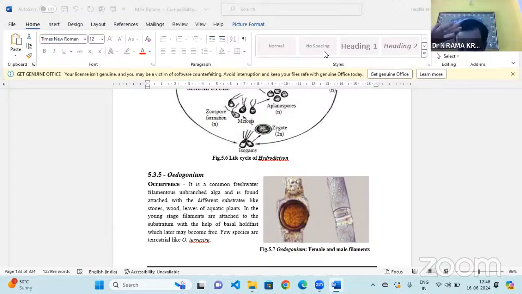Hold post means a root-like structure. This is the blade-like structure, and above the blade there is a stalk-like structure. The thallus shows isodiametric, vertically elongated cells. What is the meaning of iso?